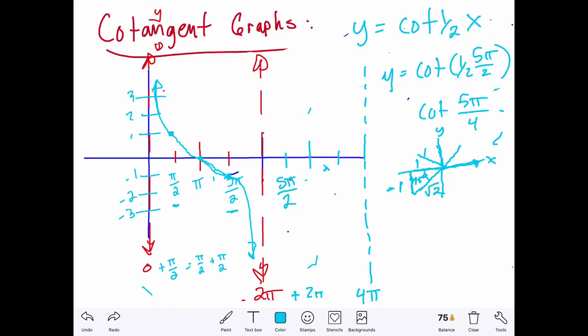So cotangent of 5 pi fourths, which is the same as the cotangent of this 45 in the third quadrant, is going to be cosine, which is x, over sine, negative 1 over negative 1.